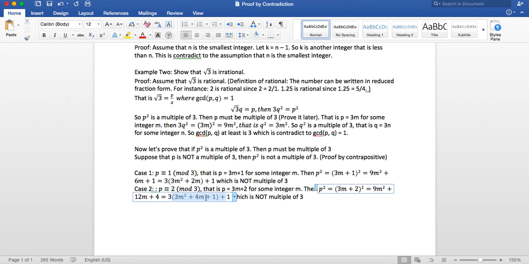Now, notice the first portion is a multiple of 3. Multiple of 3 plus 1 is not a multiple of 3. So in either case, you proved if p is not a multiple of 3, then p squared is not a multiple of 3. Then proof by contrapositive, which means if p squared is a multiple of 3, then p must be a multiple of 3, right? So that finishes the proof.